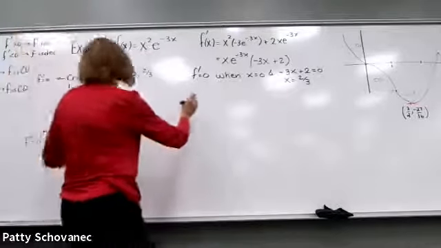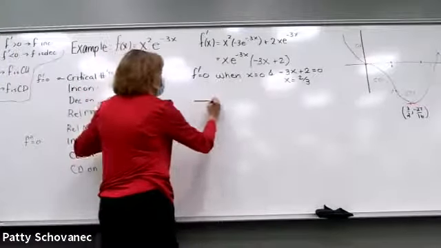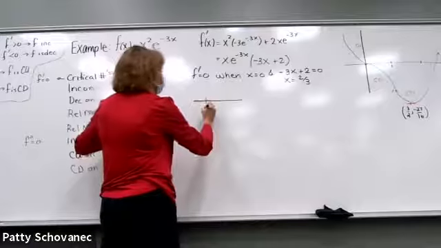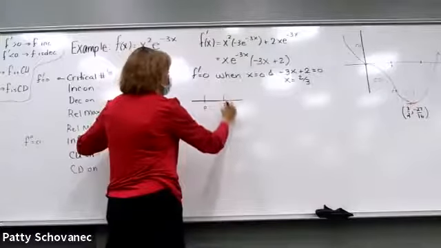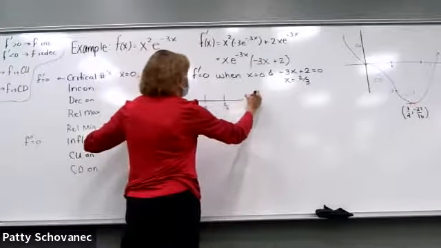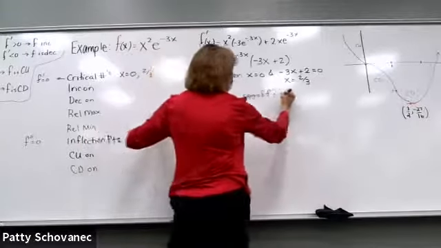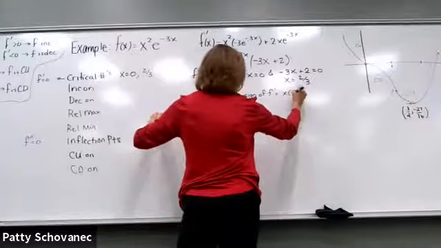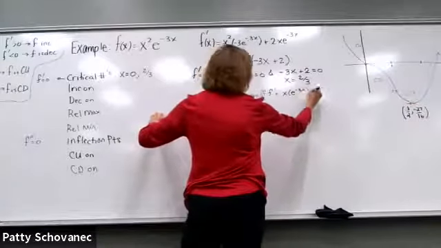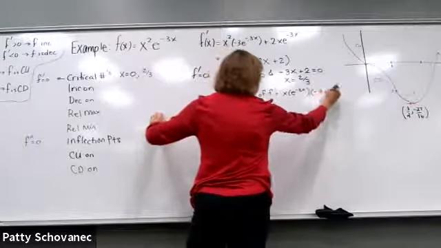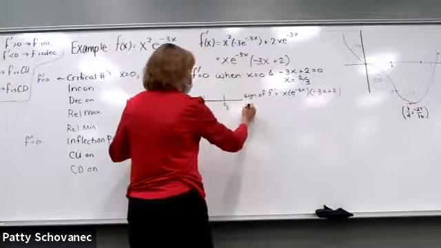All right, now we're going to look for increasing and decreasing by subdividing the number line around 0 and 2/3. And we want the sign of f prime. And that's going to tell us the direction of that.